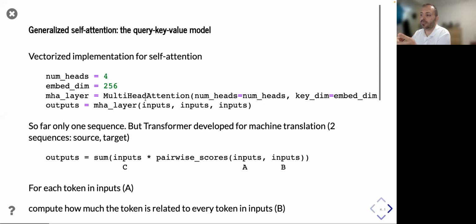And then we create this multi-head attention layer where we have the number of heads and the embedding dimension, and then the output, like we had before, will be this layer where we input 3 times the inputs. Okay, so the inputs is just the sentence.